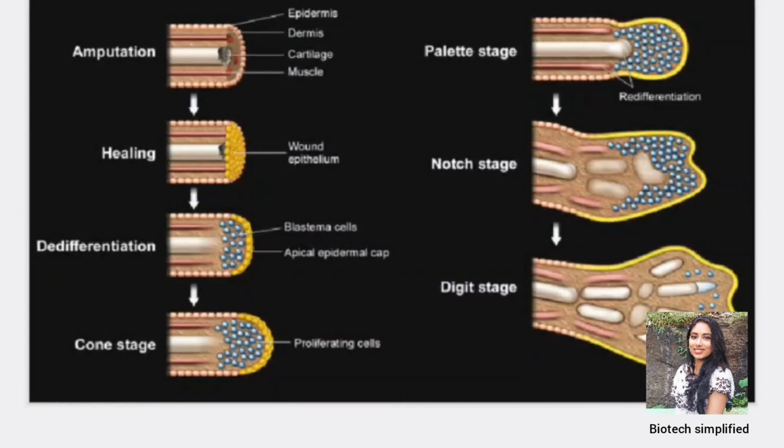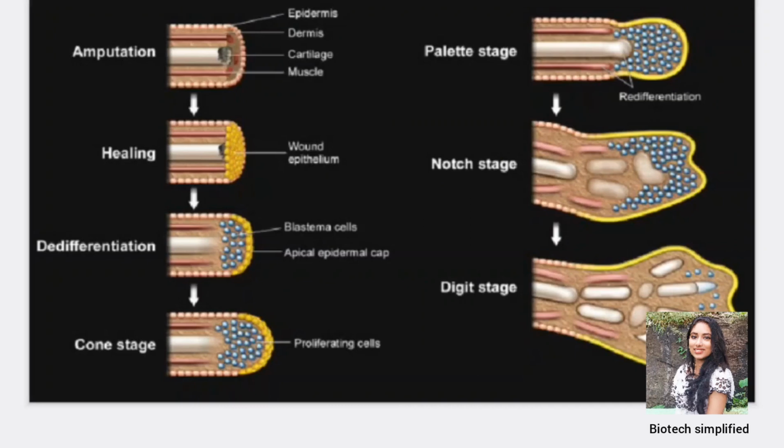As I discussed, once the limb is lost, healing occurs and wound epidermis develops there. After that, de-differentiation occurs and blastema cells appear there. This region is known as the apical epidermal cap. After de-differentiation, undifferentiated cells appear there and the blastema cells develop a pluripotent capability.